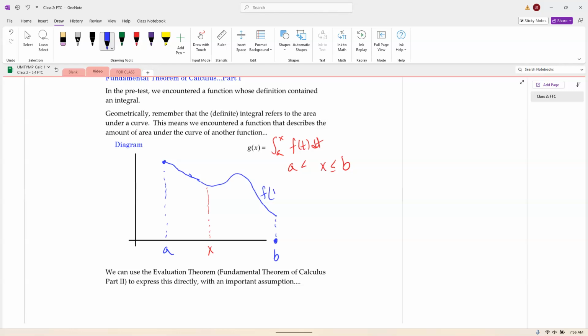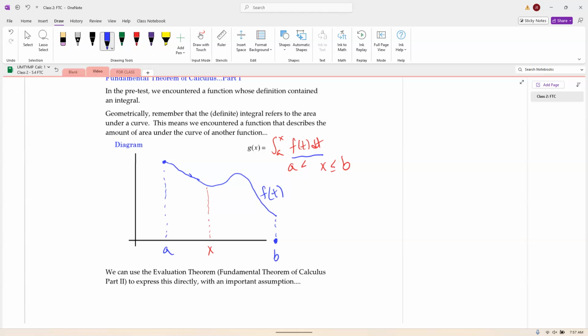Okay, and the t, a lot of times students get hung up on the t. Why is it t and not x? The variable inside the integrand, what is inside the integral, when we have a variable in the bound, is really just a dummy variable. When we integrate, it just integrates out.